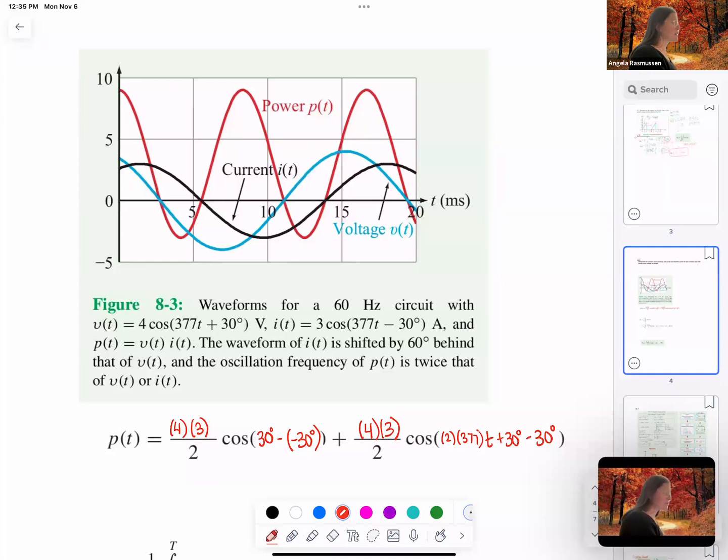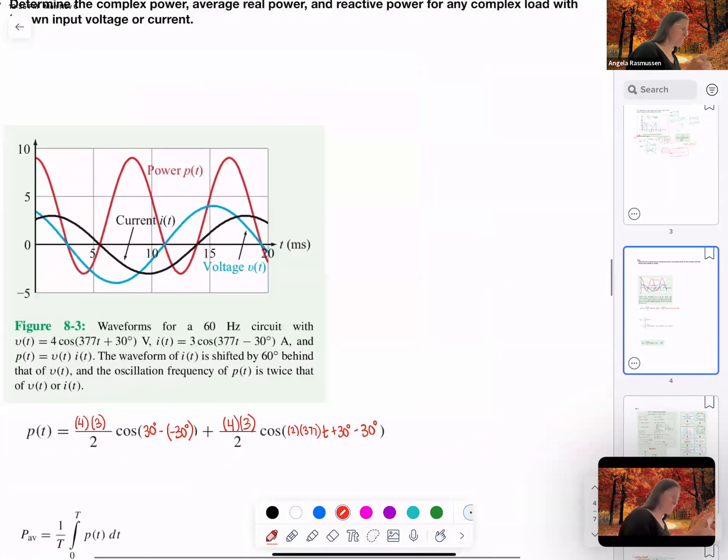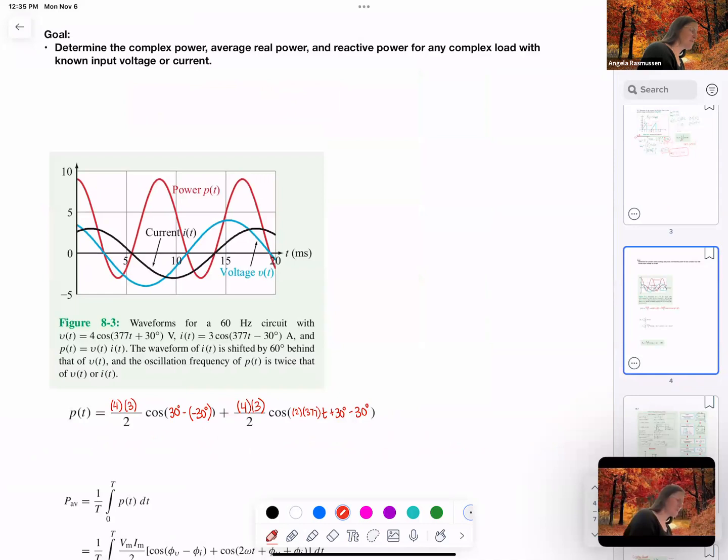So the power is going to be the same voltage times current, but in this case, the voltage and current are periodic signals. So P of t is just going to be your V of t times I of t. Same thing, even though it's now time varying.